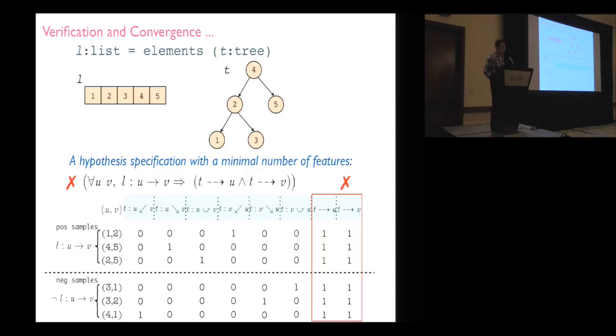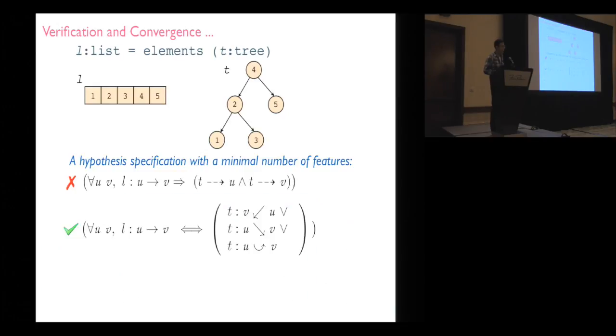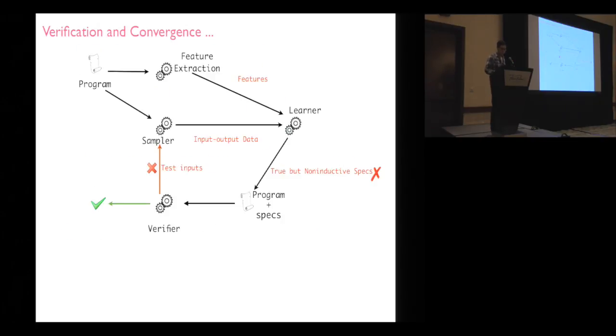The existence of the negative samples forces the learning algorithm to use other predicates to learn a more complex but stronger specification, precisely the reachability relation between U and V: if V can be reachable from U in the output list L.